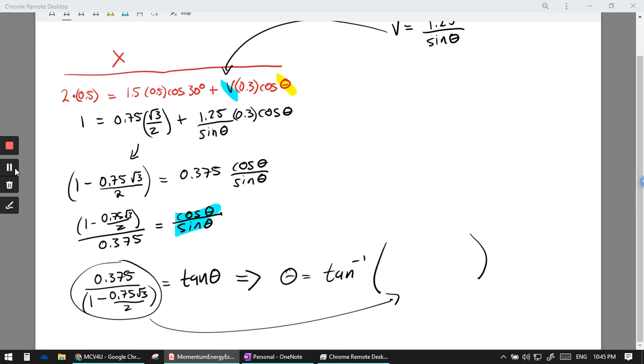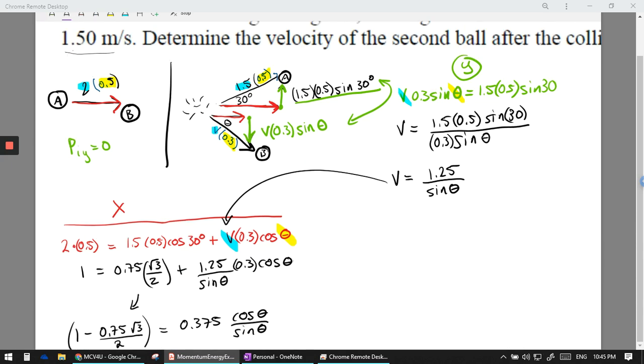If you do a little bit of solving, plugging it into the calculator, apparently what you end up getting is about 47 degrees. So 47 degrees. That is now the angle up here that we're looking at, that little blue angle.